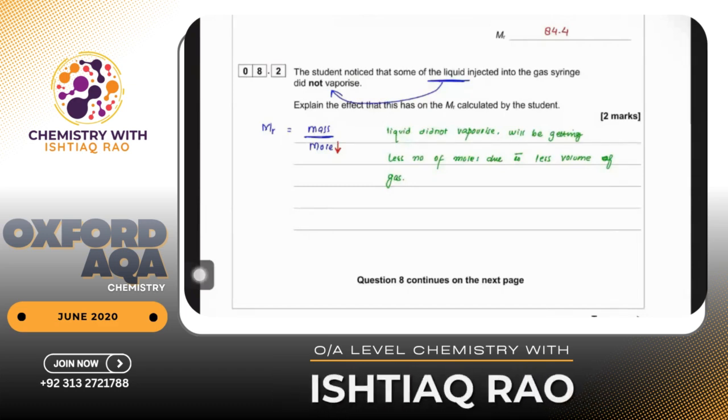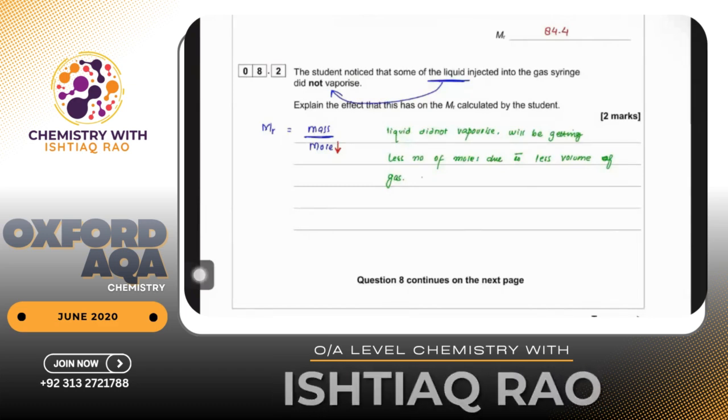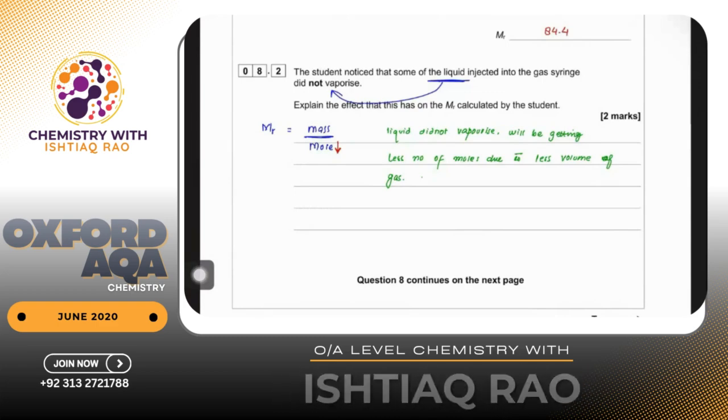So due to the fewer moles, MR will increase.